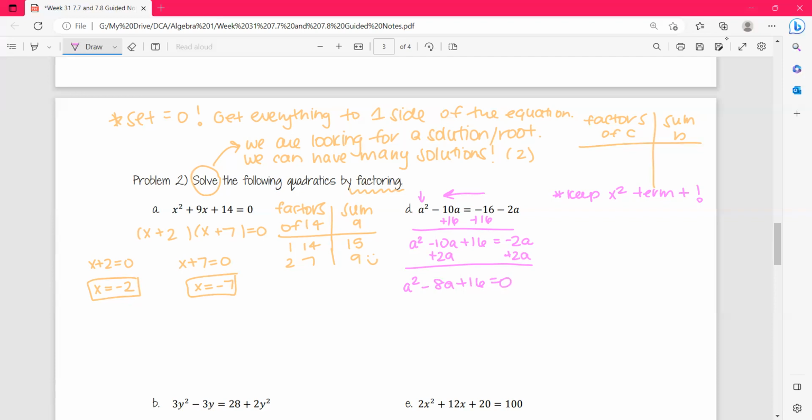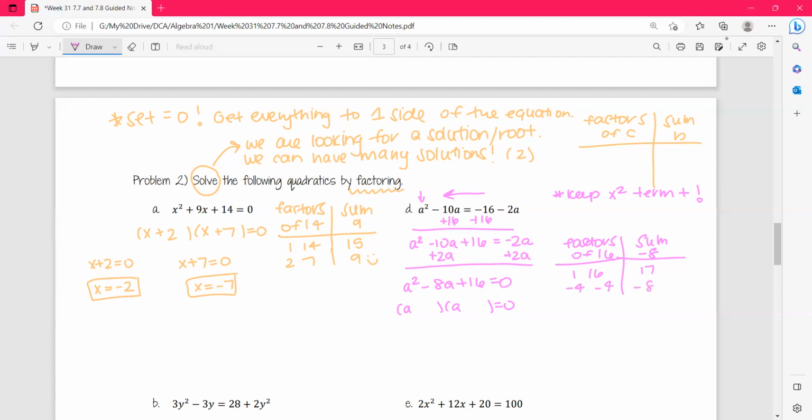Everything's on one side. We're going to factor this, so I'm going to make my chart. I need factors of C, which is 16, that add to negative 8. I've got 1 times 16 gives me 17. That doesn't work. Let's do negative 4 and negative 4, which multiply to get 16.